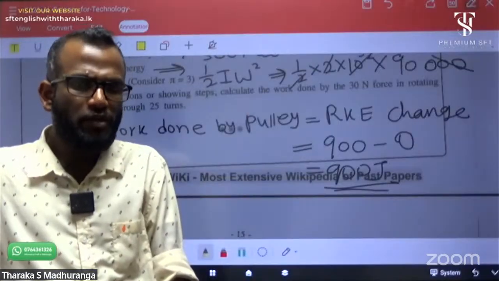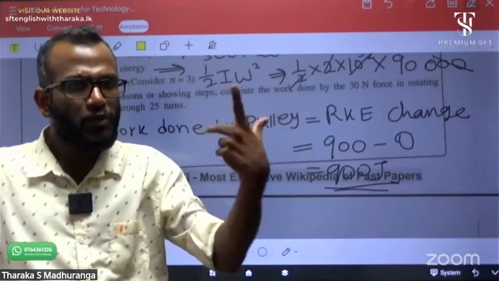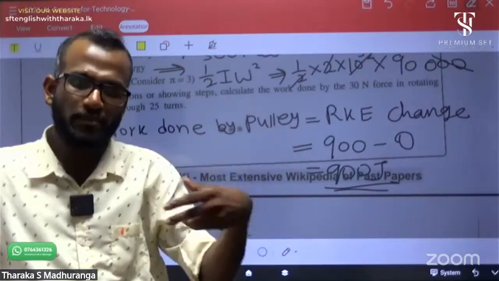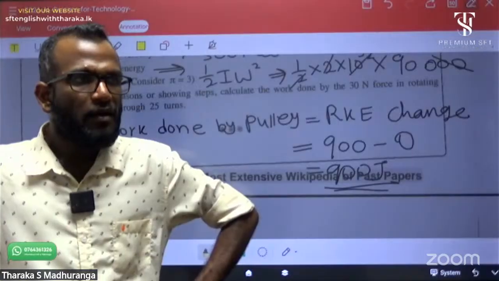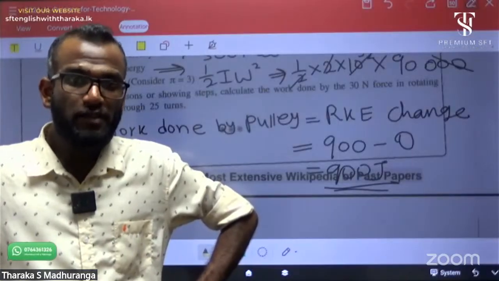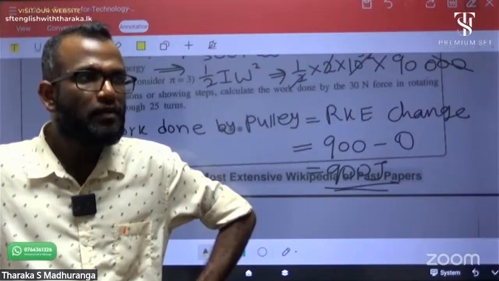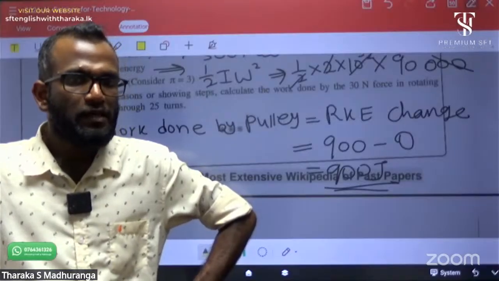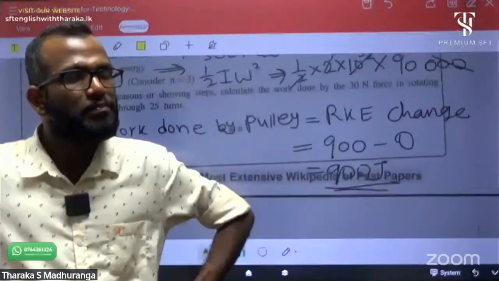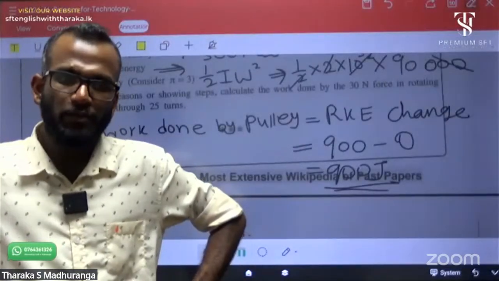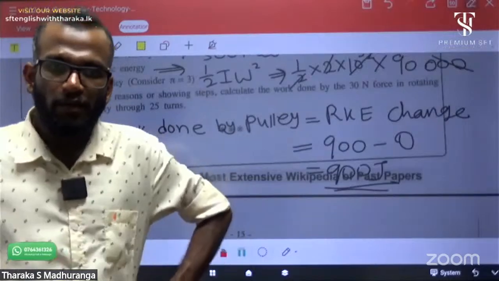And coordinate geometry also we can discuss after tomorrow's exam. We have another question. Next week we can discuss tomorrow's paper. After that, let's start the area and volume questions.